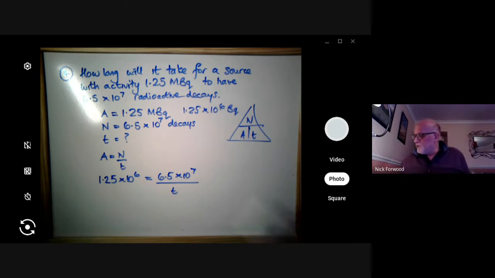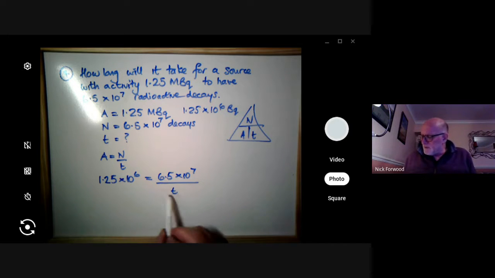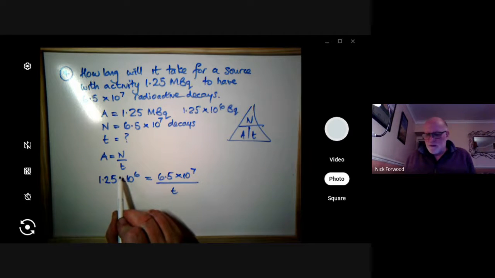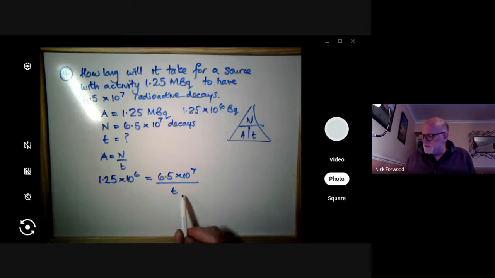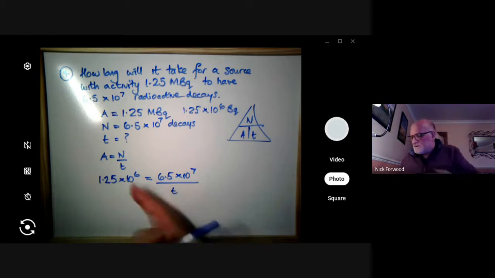Now we know that we can rearrange that to be that t is N divided by A. And the way we do that in maths is we do something called cross multiplication. The t goes up there and the A goes down there, and you cross multiply them. You cross things over and swap them over.